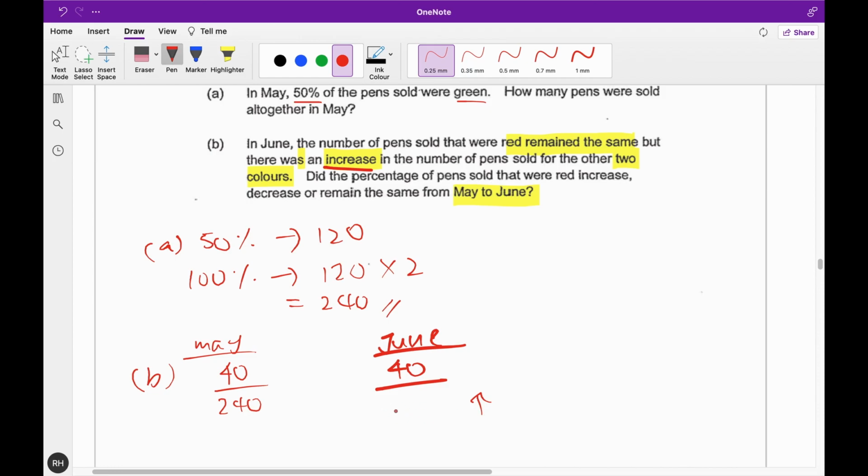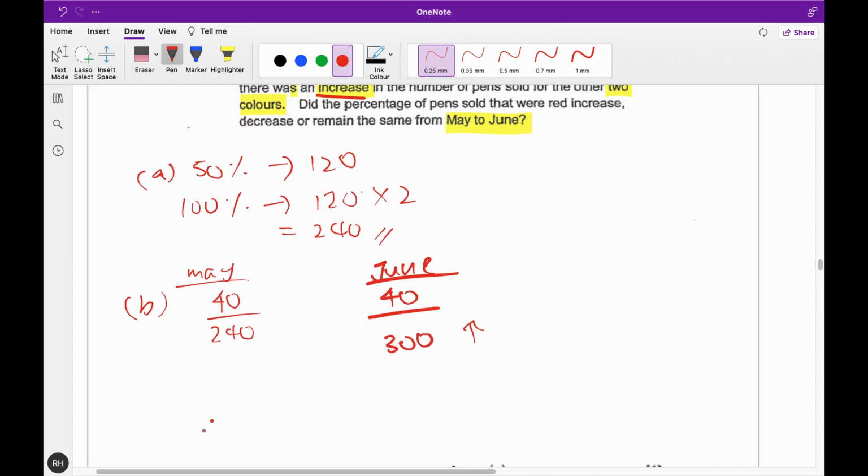So let's say it increased to, let's say, assuming 300. So when the denominator increases, the percentage will decrease, because right now you have a smaller number out of the total number. Okay, so the answer here will be the percentage for the red pen will decrease.